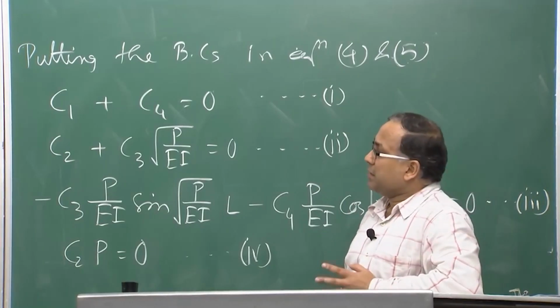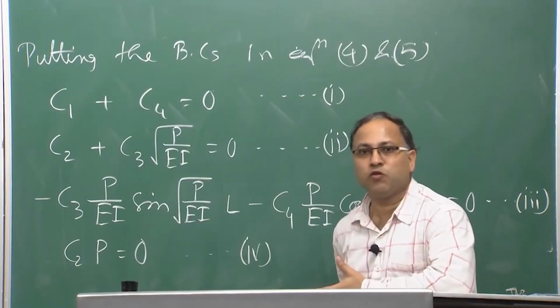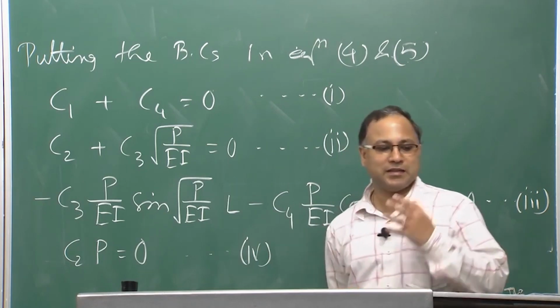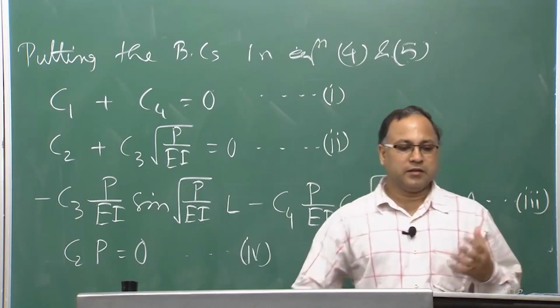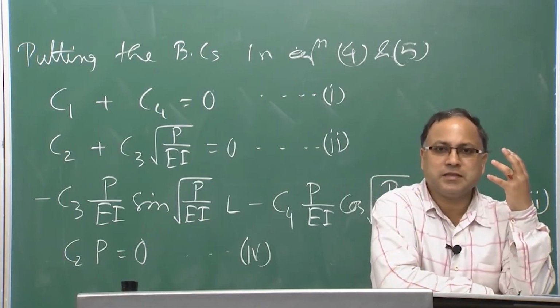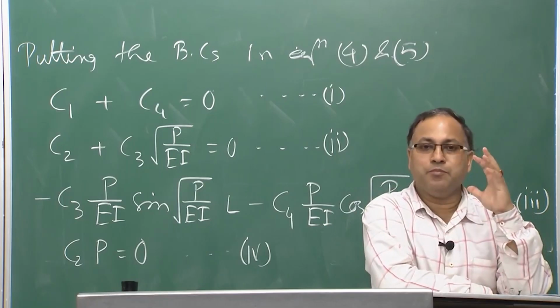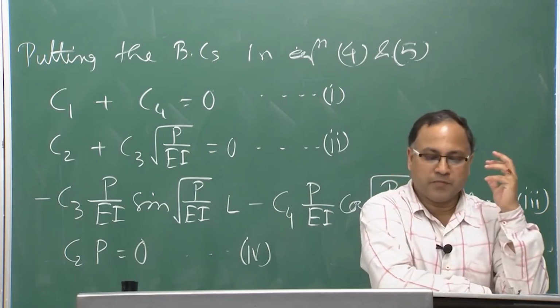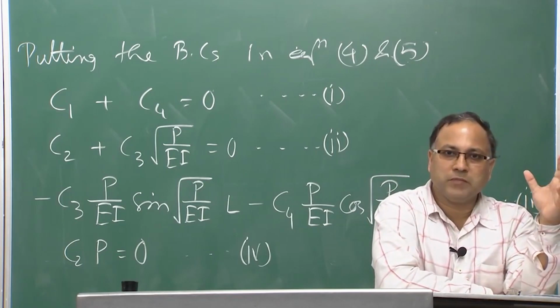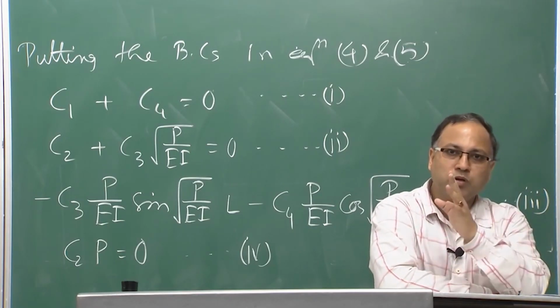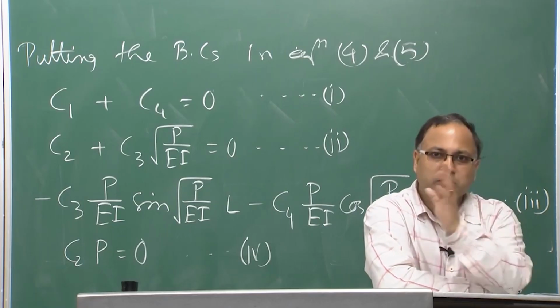But if you put C1, C2, C3, C4 all at 0, then what are you getting? Basically this is saying the true equilibrium solution, and it says that the beam or rather column does not bend at all. That means V, small v, is 0 completely. So, there is no bend or no lateral movement.